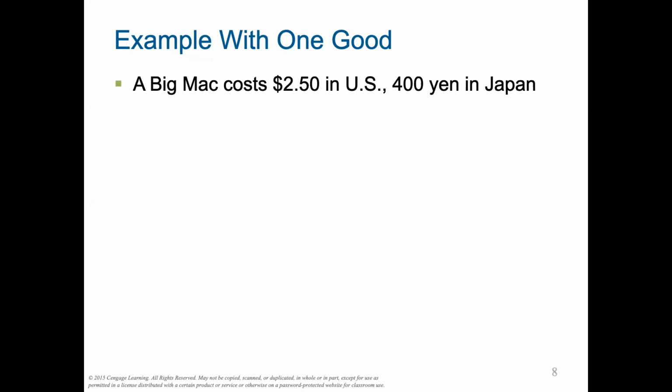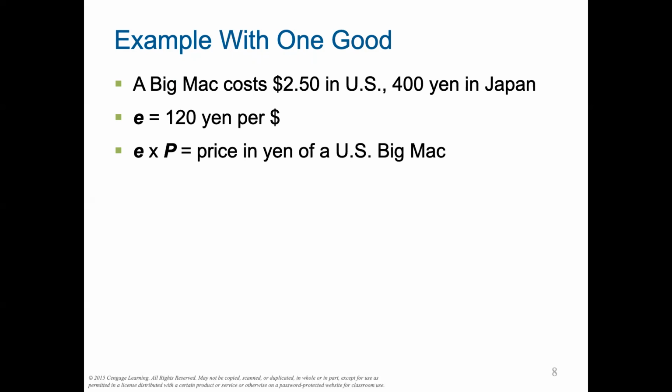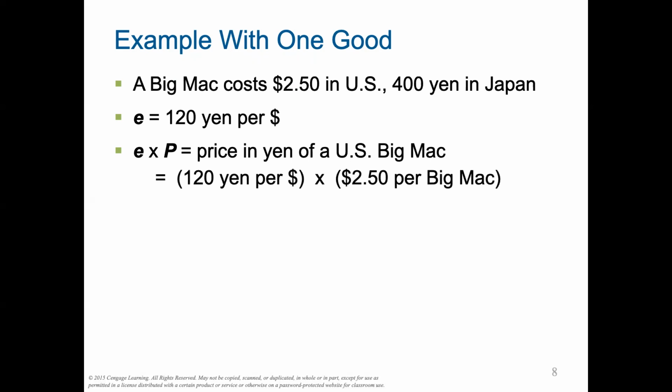So we're going to take a look at Big Macs. If in the United States, a Big Mac costs $2.50, and in Japan, it costs 400 yen, and the exchange rate is 120 yen per dollar, then the price in yen of a US Big Mac becomes 120 yen per dollar, E, times the price in the United States, 2.50.